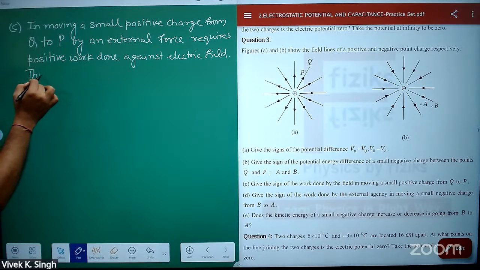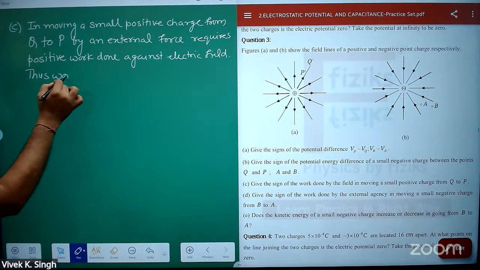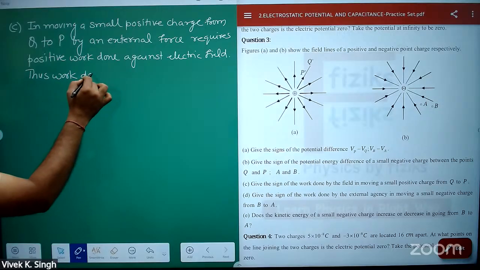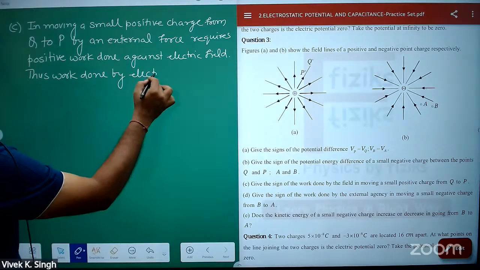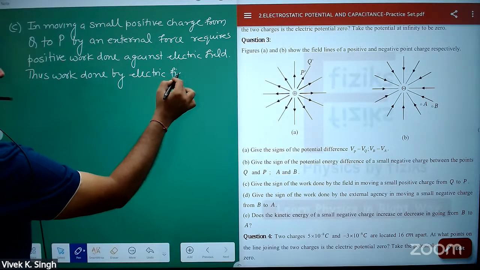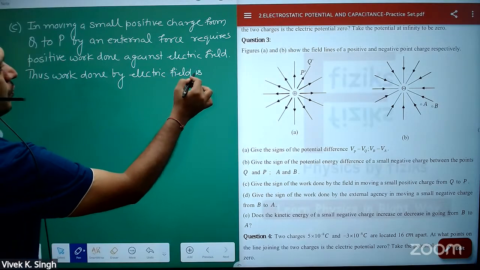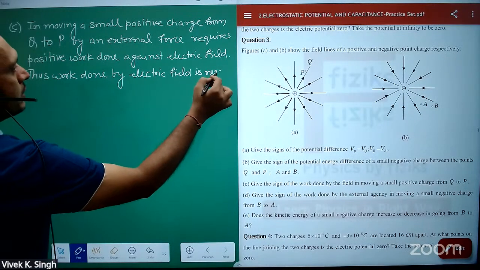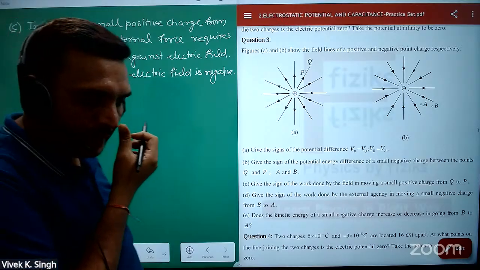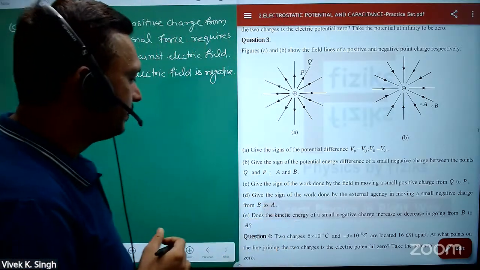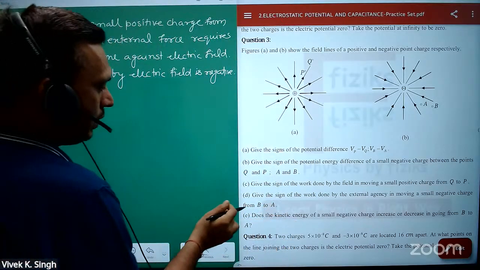Thus, work done by the electric field is negative. So that is C part.